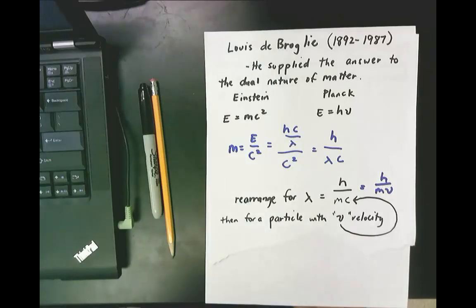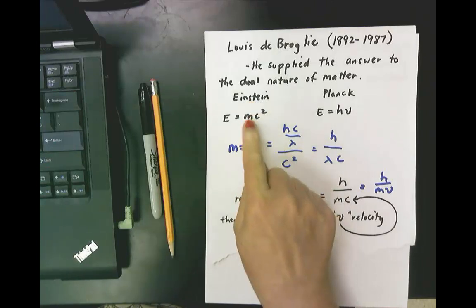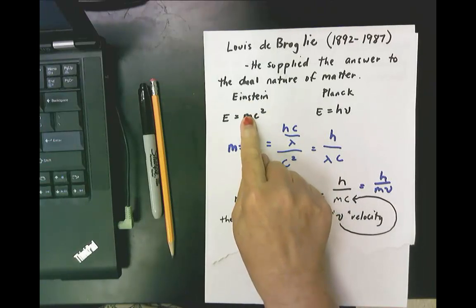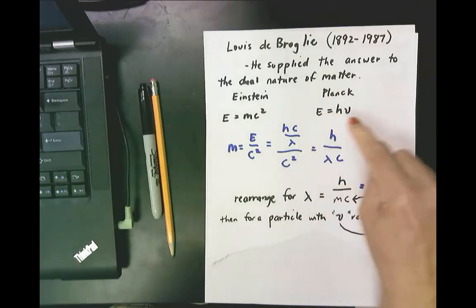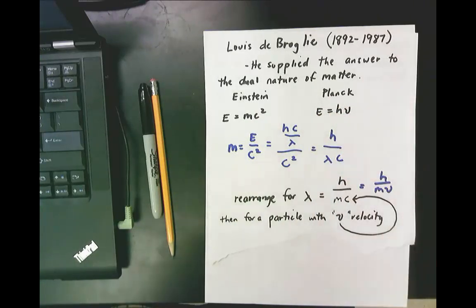We were just discussing the idea that if light has a dual nature, then I wonder if matter has a dual nature. And Louis de Broglie is the scientist who supplied the answer to that. He put Einstein's energy with mass together with Planck's energy with wavelength. Well, this is frequency, but wavelength is tied into that.